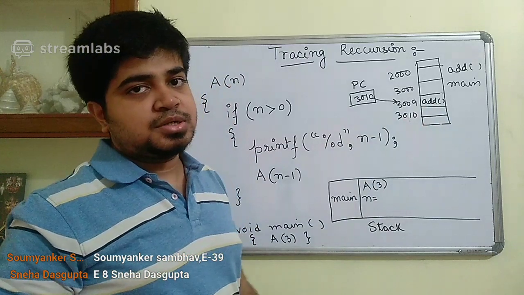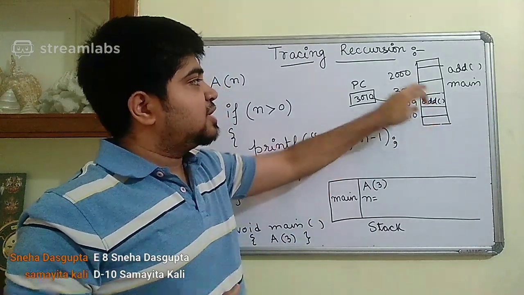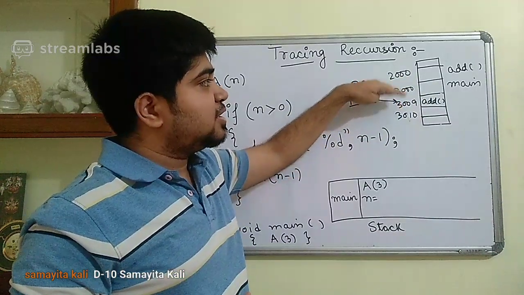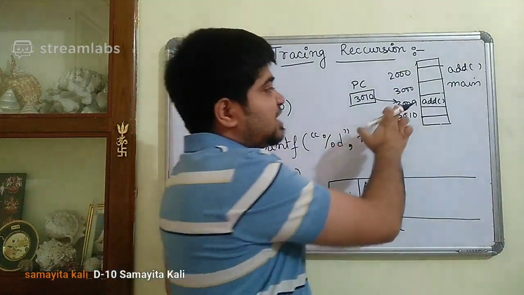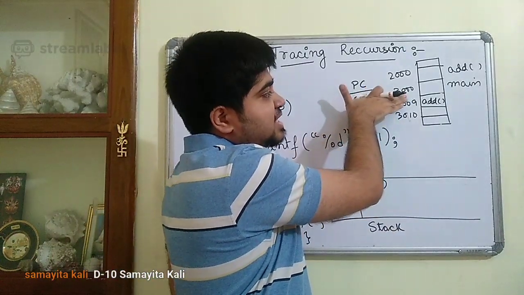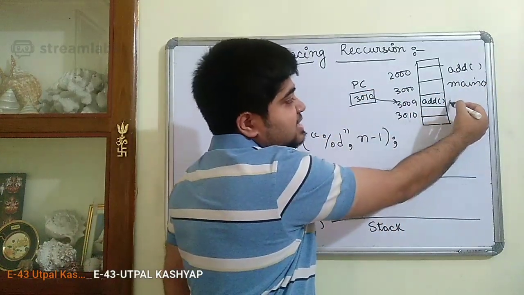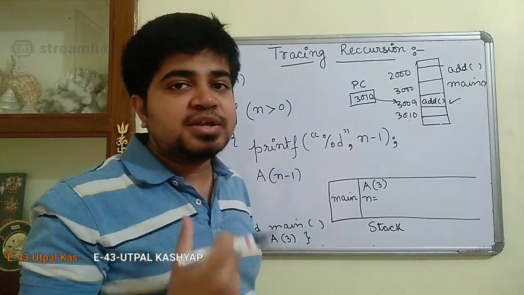But when this add function is called, the program counter's control is changed from here to here, because it was previously executing the instructions in the main function, and suddenly it executes an instruction which is a call to another function.